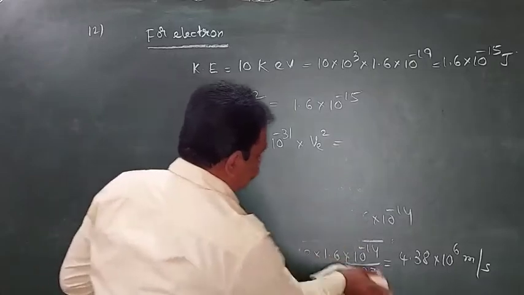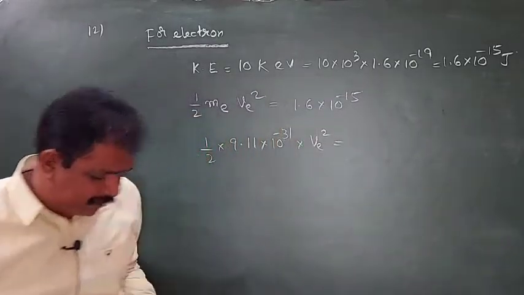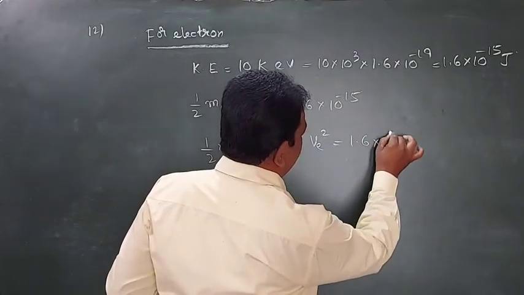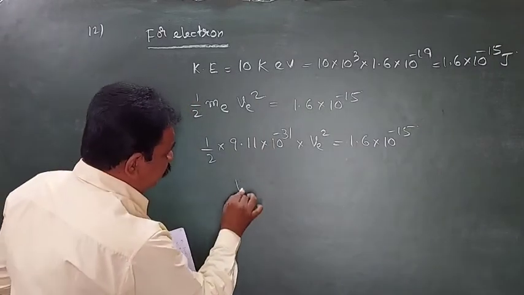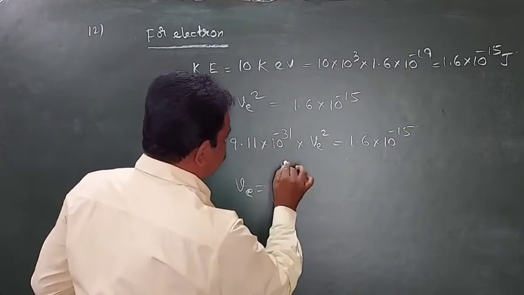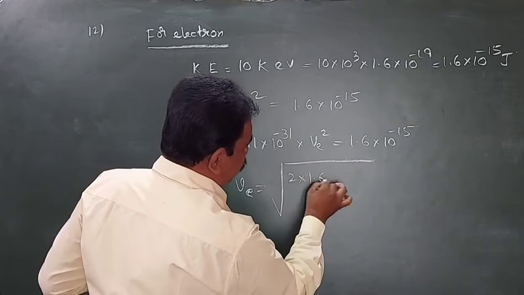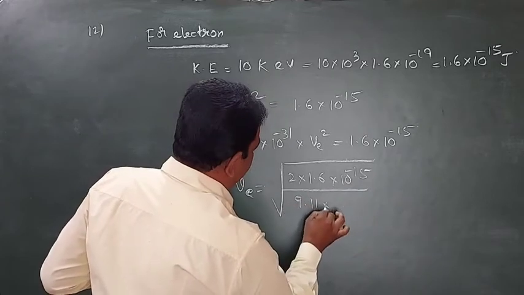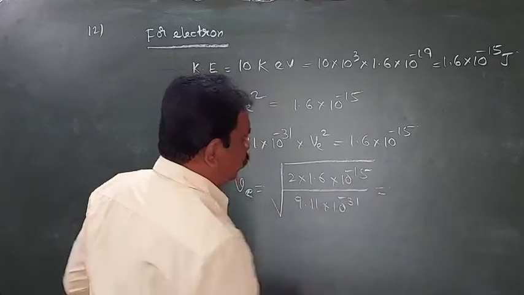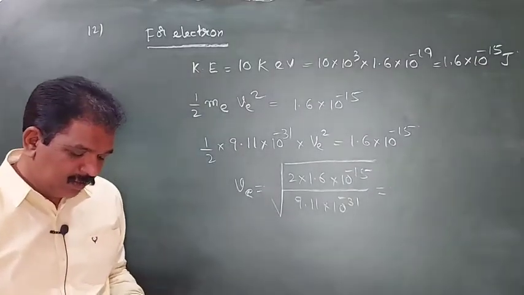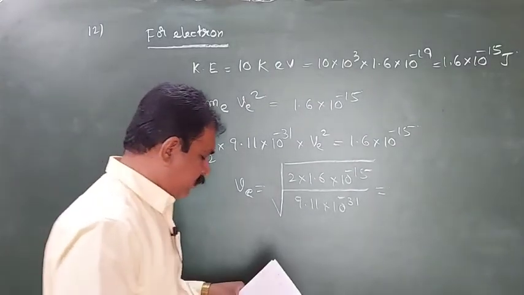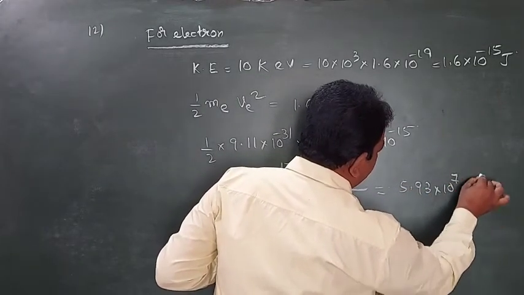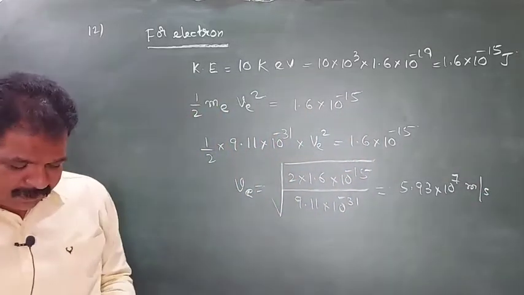So V_e is equal to square root of 2 into 1.6 into 10 power minus 15 divided by 9.11 into 10 power minus 31. If we calculate this value, it is 5.93 into 10 power 7 meter per second.